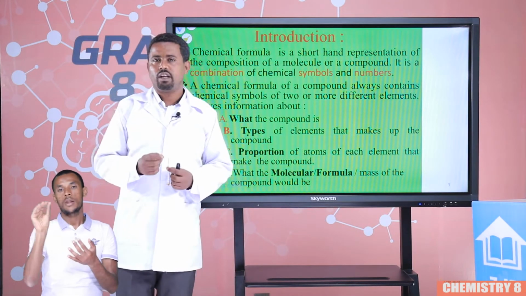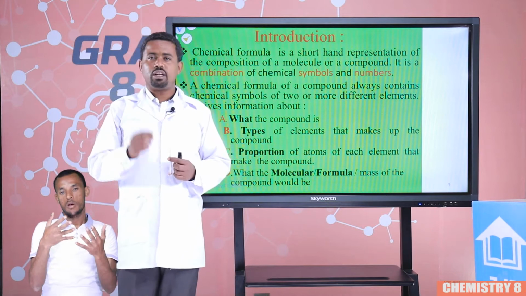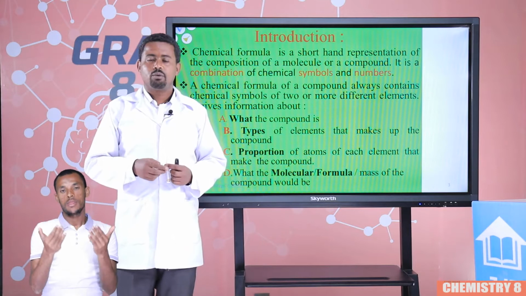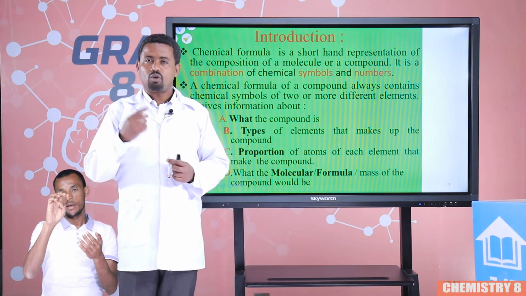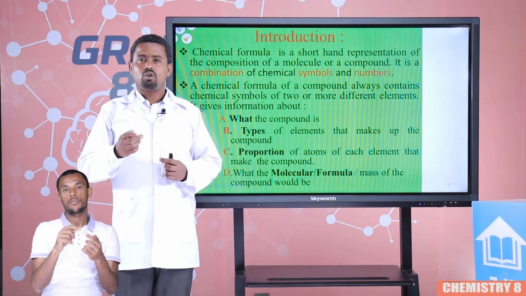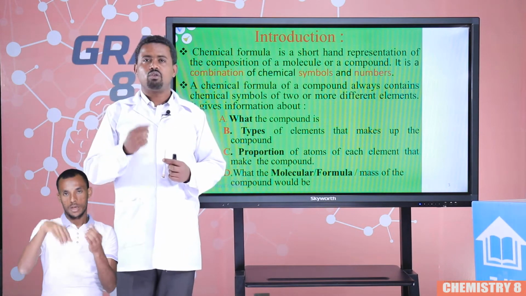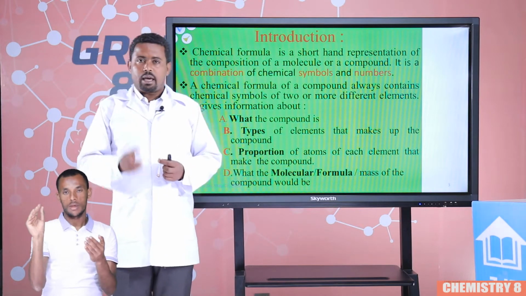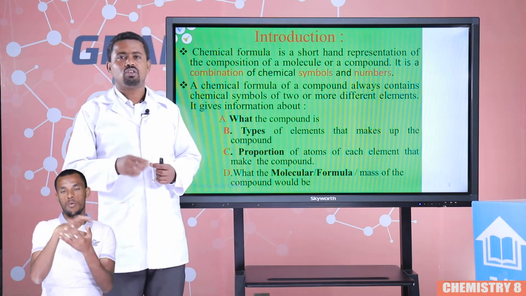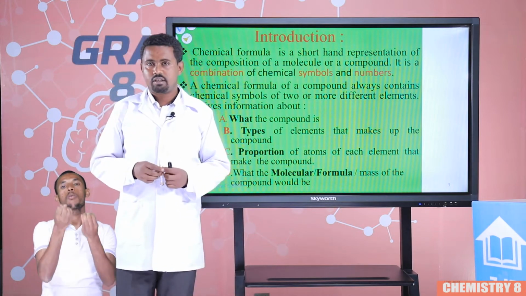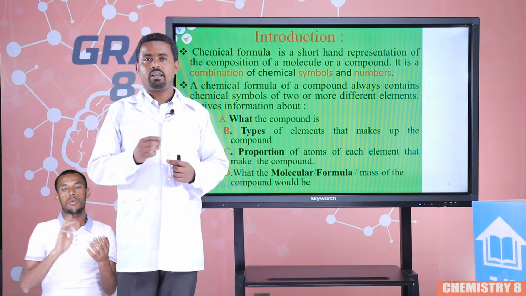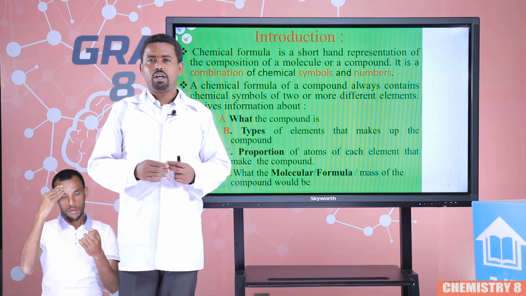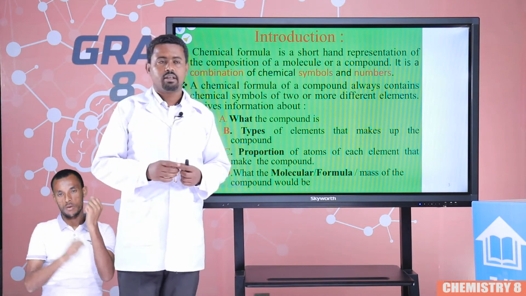When we say formulas of element, it is composed of only one kind of symbol or one kind of element, whereas when we say chemical formula or formulas of compound, it is composed of the chemical symbols of two or more different elements. So, we try to see how we can determine some chemical calculations based on these formulas.